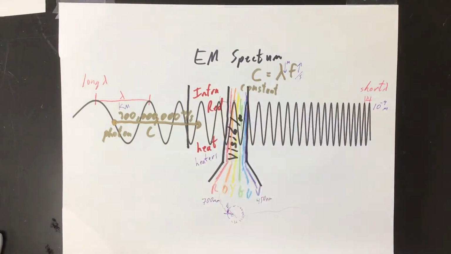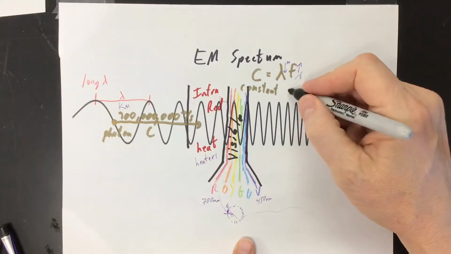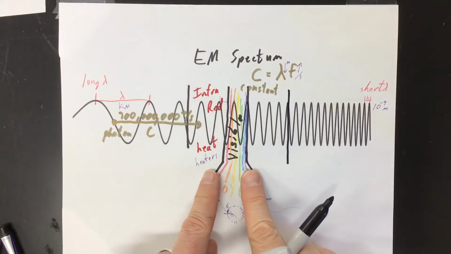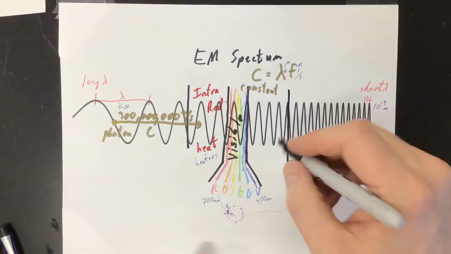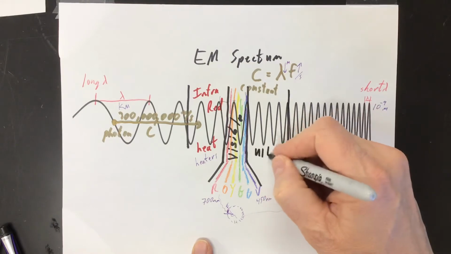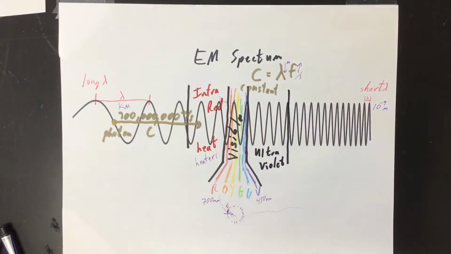Okay. And here let's move to the section of the spectrum that is higher frequency than violet. Okay, so this is ultraviolet. And you're also sensitive to this, but your eyes aren't.